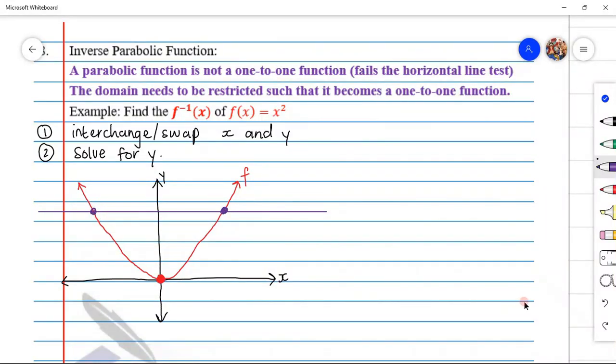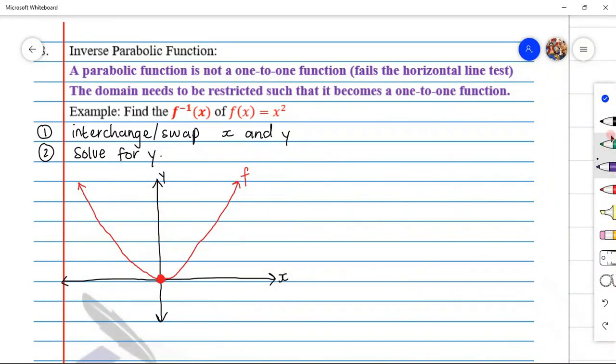So this is not a one-to-one function. Now, in order to make it a one-to-one function, we need to restrict our domain. So what I mean by restricting our domain is to basically cut out or to remove a chunk of our function so that it becomes a one-to-one function.